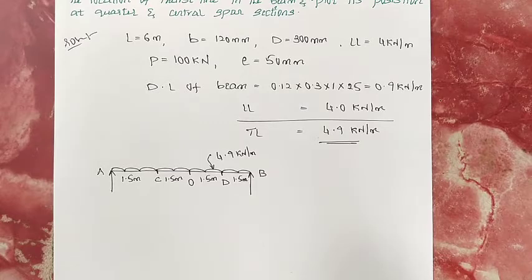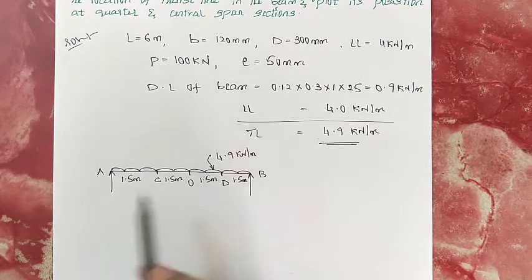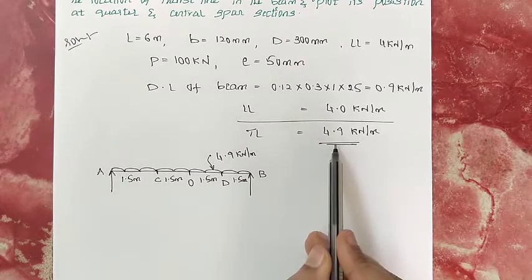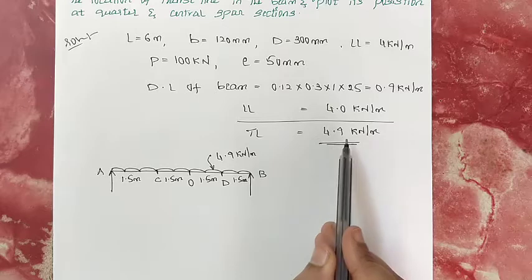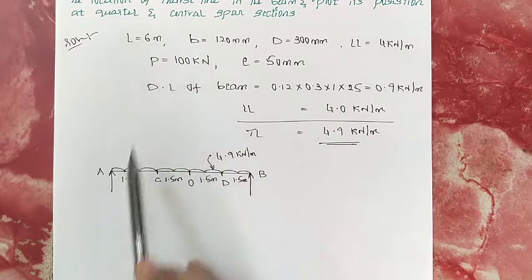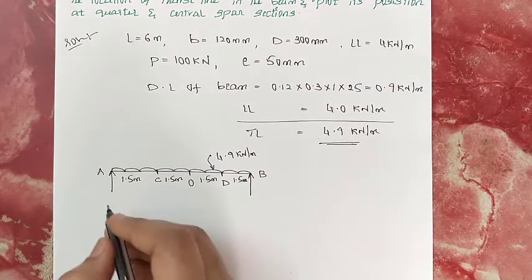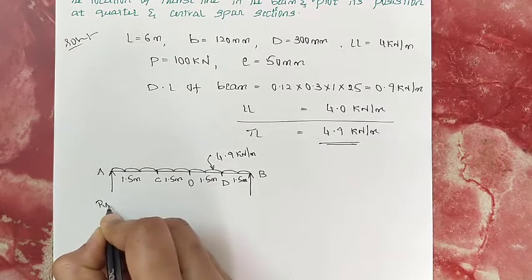Next you need to calculate the moment. First write down the load diagram. The total intensity of the load is 4.9 kN per meter. The span of the beam is 6 meter. Once you draw the load diagram, you need to calculate the support reaction.